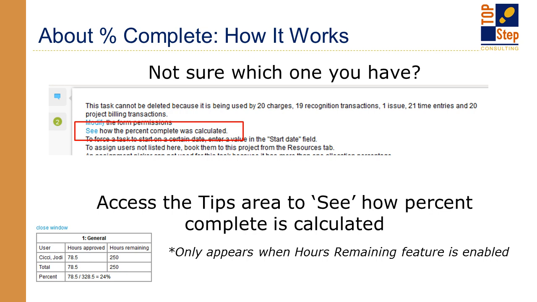With the estimated hours remaining feature, the denominator in this scenario is approved hours plus the estimated hours remaining. So that's where I'm getting the 328.5, the estimated 250 plus the 78.5, and then the fact that I've had 78.5 worked on that one.